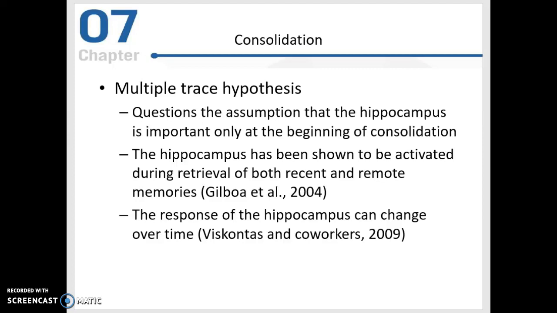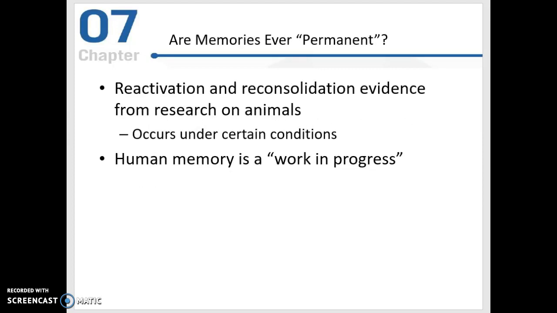However, there are studies, Gilboa et al. and Visconti, that found that the hippocampus is also involved at other times of retrieval of both remote and recent memories. Therefore, we do know that the hippocampus is involved in multiple stages of memory at this point. And we also know this from evidence from research on animals as well.